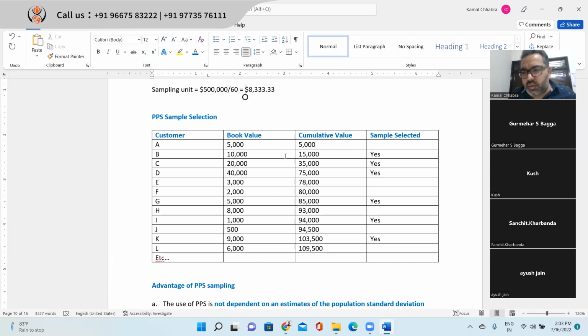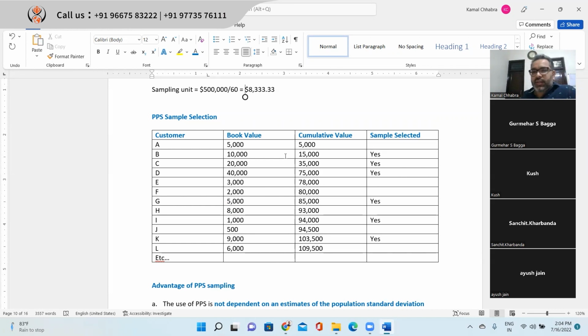I'm coming to that. So far it's clear what the customer and book value are, that is, how much receivable is pending from that customer, and then cumulative is A plus B plus C plus D plus E plus G, and so on and so forth. Right? So far, so good.